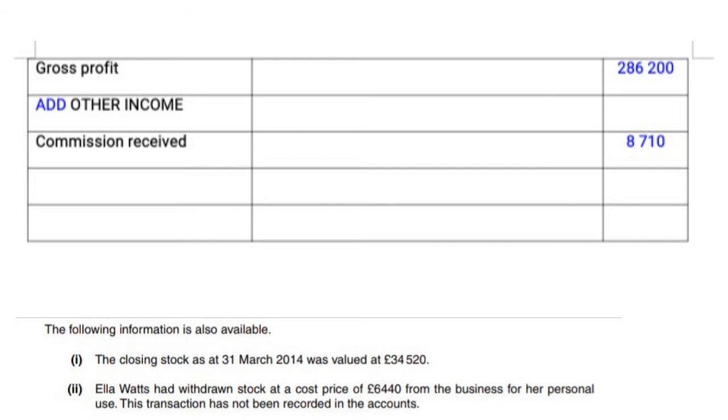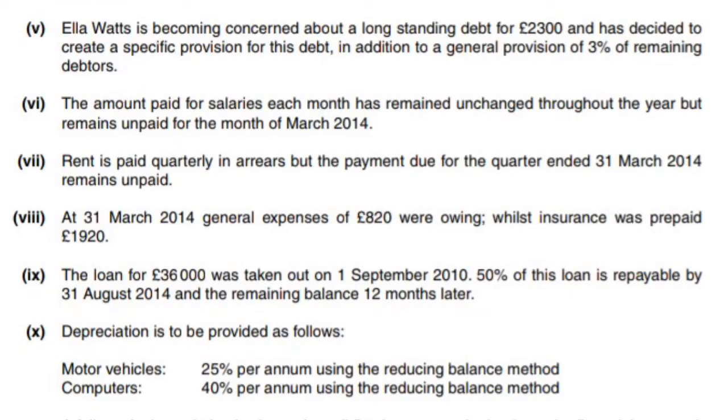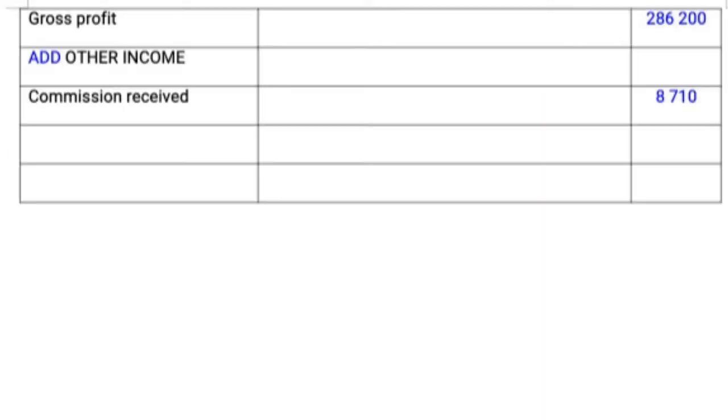It means that you have to add on the figure in the balance sheet. So from the look of things, if we look at our additional information, there is nothing mentioned about commission received. So I'm going to take the figure in the trial balance as it is, 8710.